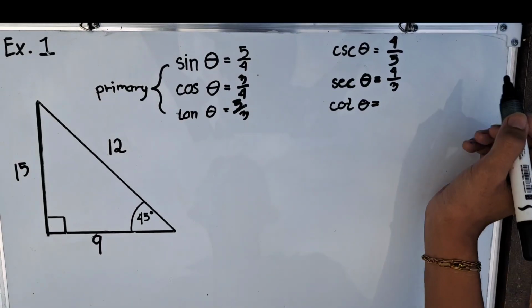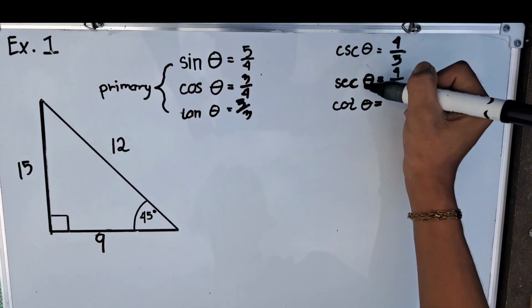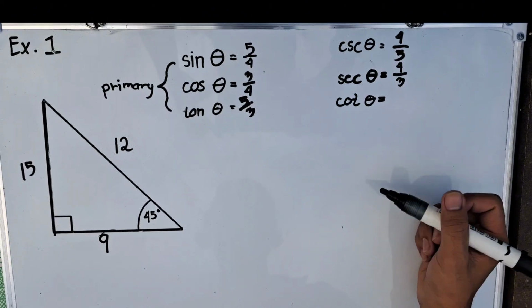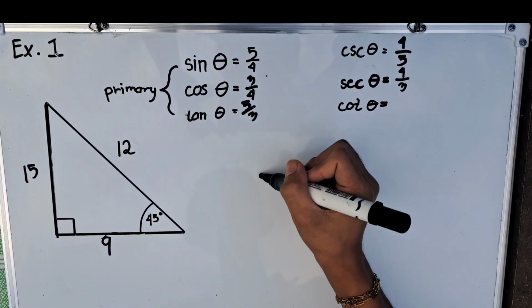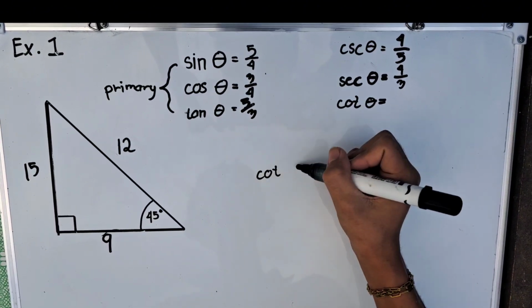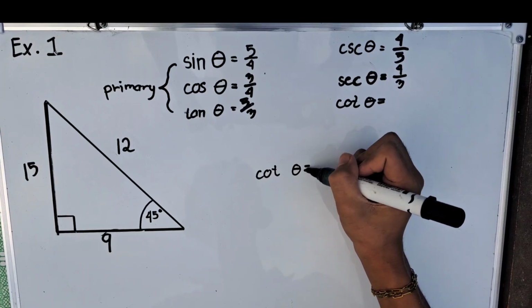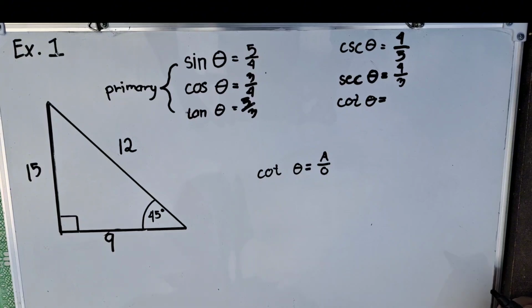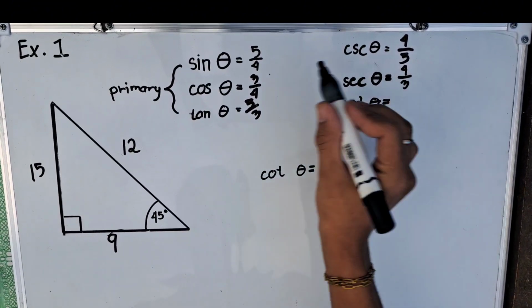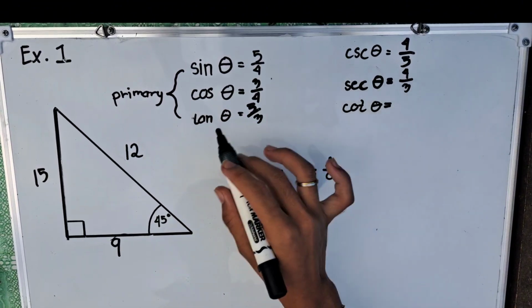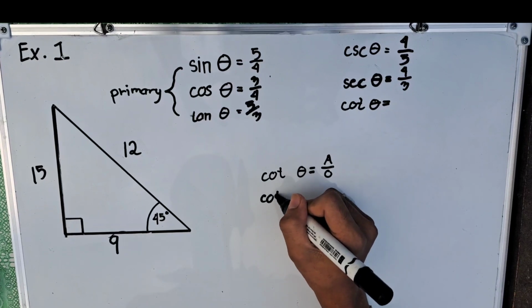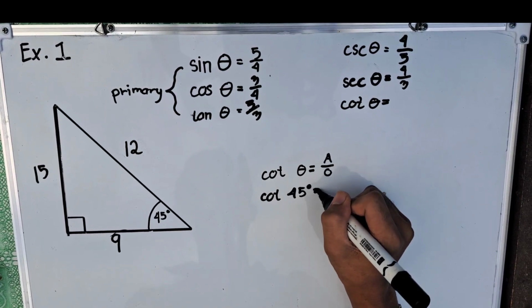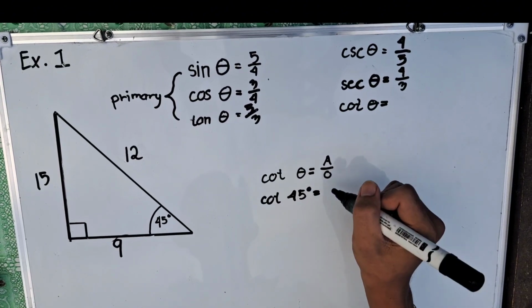Next, since we already solved for the cosecant and secant, let's move on to the last secondary trigonometric ratio, which is the cotangent. We already know that cotangent is equal to adjacent over opposite. Just like the previous 5, the next step is to put the given values from the triangle into the formula.